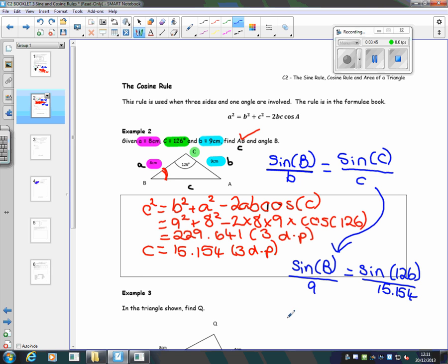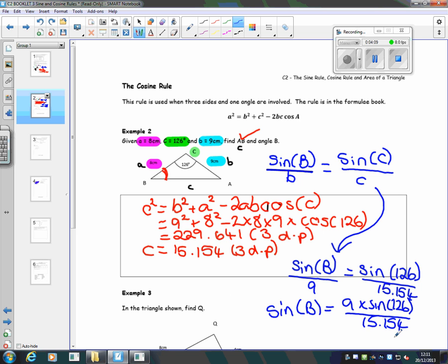So putting this in a form where we have sine B is equal to something, we will have sine of capital B is equal to 9 times sine of 126 degrees divided by 15.154.